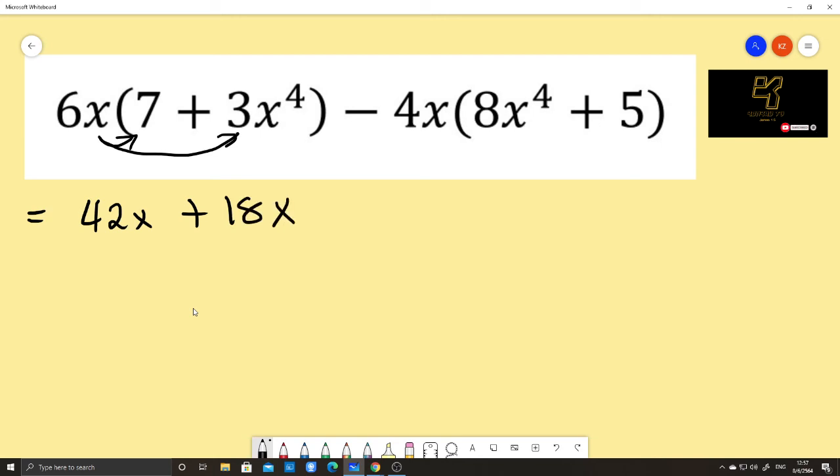Remember, we have 1 here. 5. Yes, correct. Law number 2, right? Laws of exponent, number 2. We add the exponent when we multiply. Next.